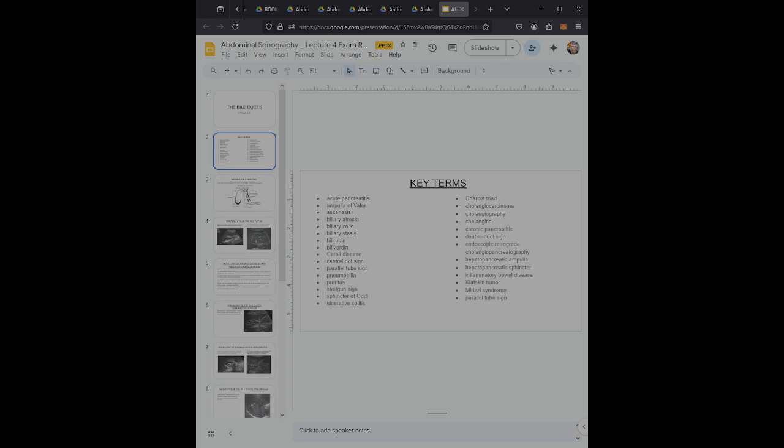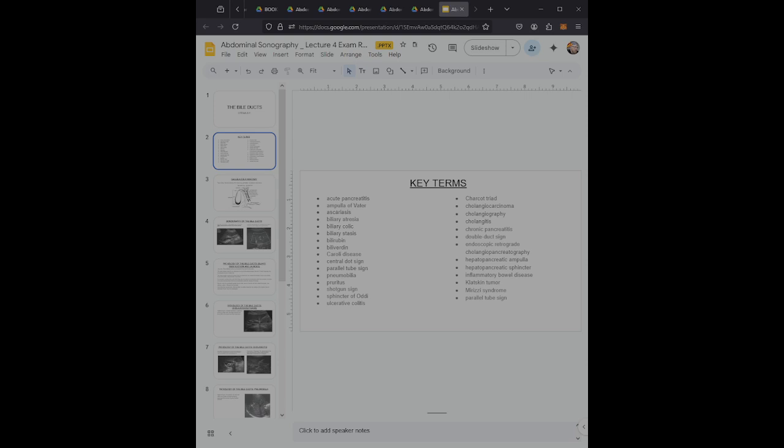Pneumobilia, air within the biliary tree. Pruritus, severe itchiness of the skin. The shotgun sign: this is enlargement of the common bile duct to the size of the adjacent portal vein within the porta hepatis, referred to as the parallel tube sign.